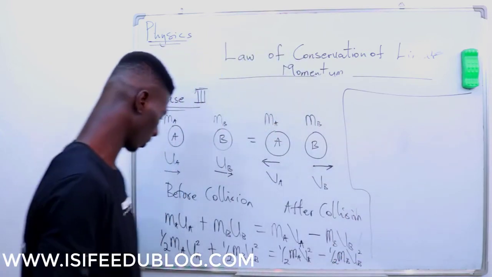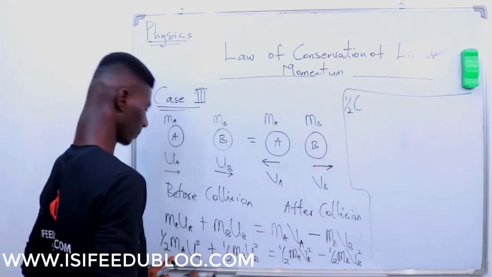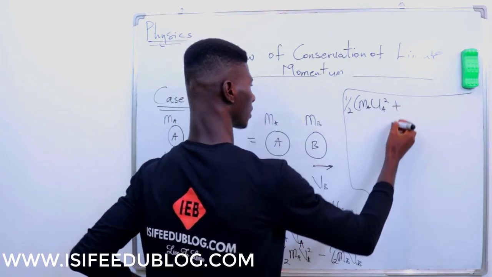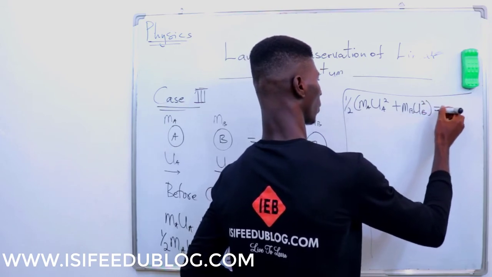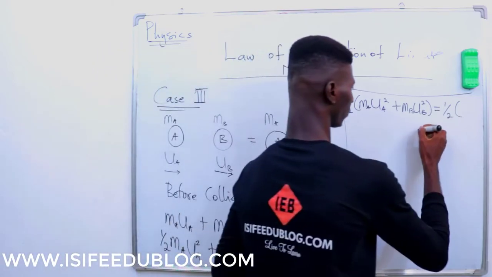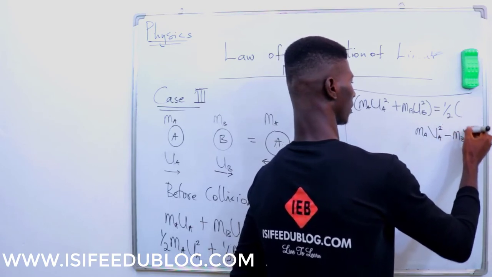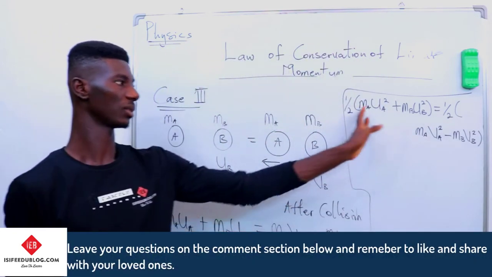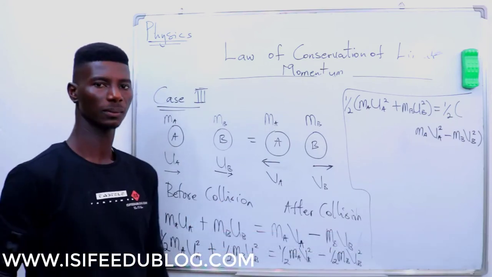What is common here is half, so you can simply say half into mA uA squared plus mB uB squared is equal to half into mA vA squared minus mB vB squared. Both of them are the same, and whether you are using this or this, you still arrive at the same formula. So this is case 3 we have.